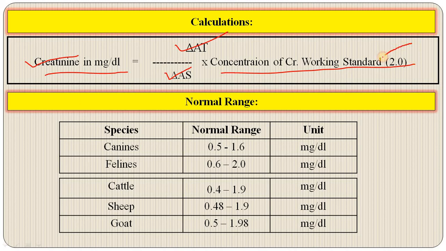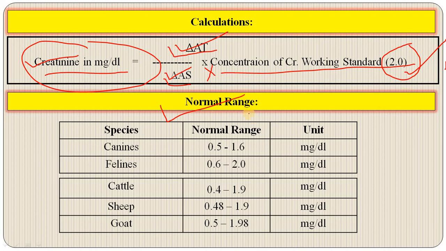Its concentration is 2 milligram per deciliter. So whatever we get, the absorbance of test divided by absorbance of standard, multiply with 2.0. This result of serum creatinine in milligram per deciliter, compare with the normal range or referred value.